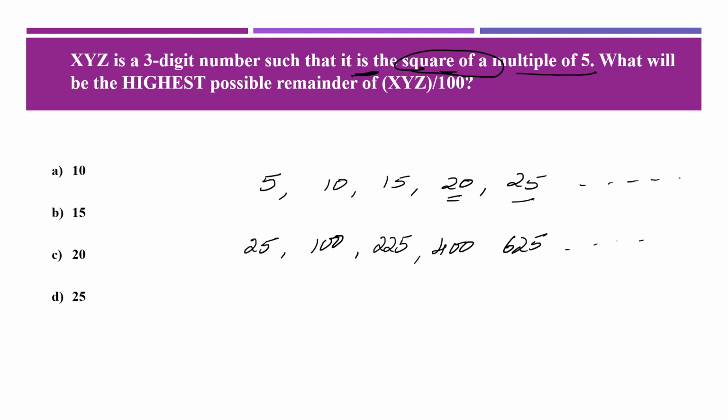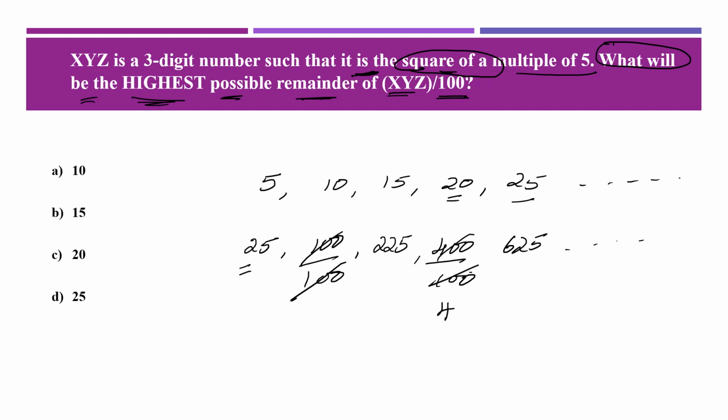Great. Okay. So the question is, what will be the highest possible remainder when the number is divided by 100? Obviously, this is going to give me remainder 0, with quotient 4.